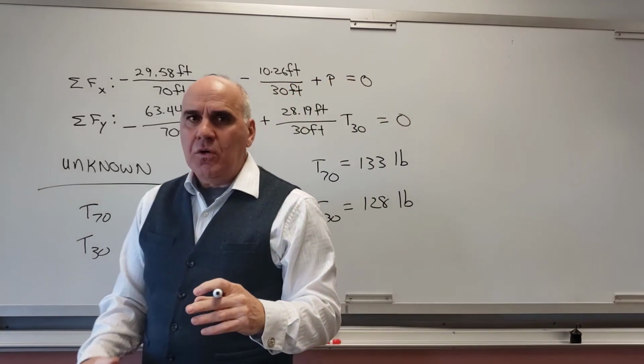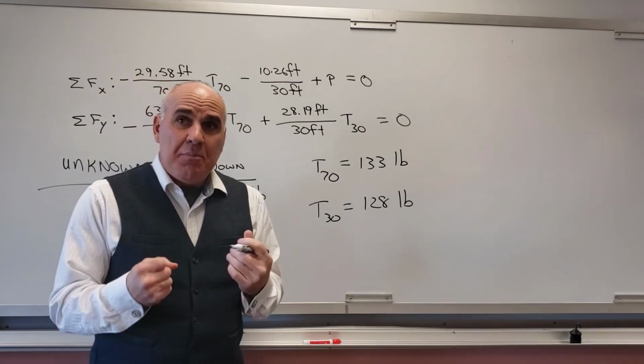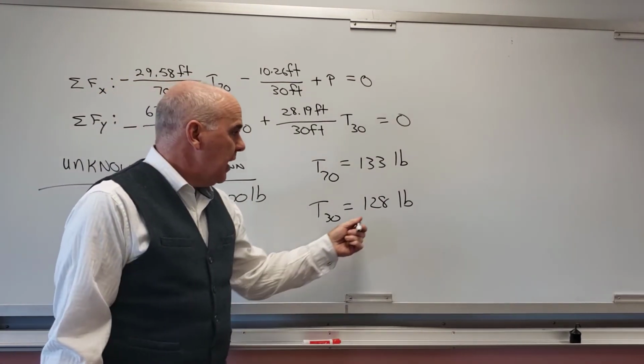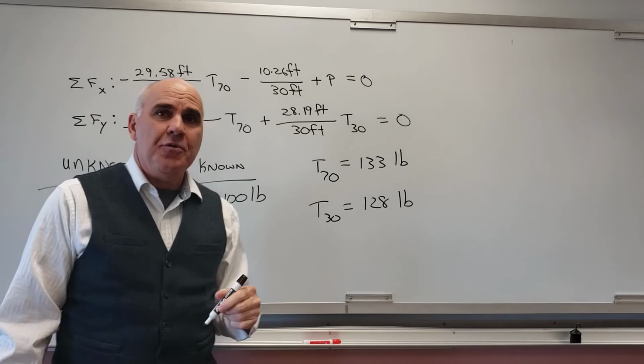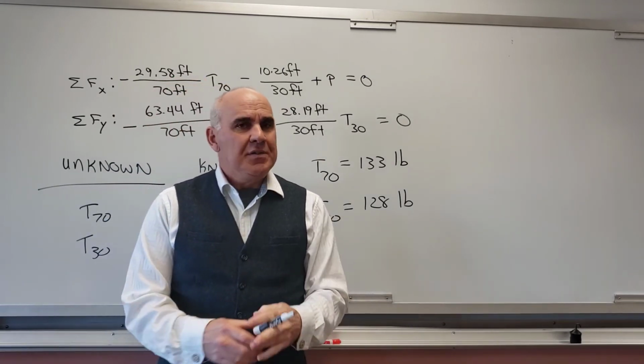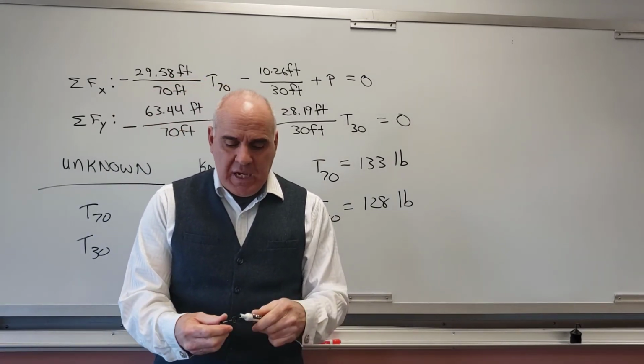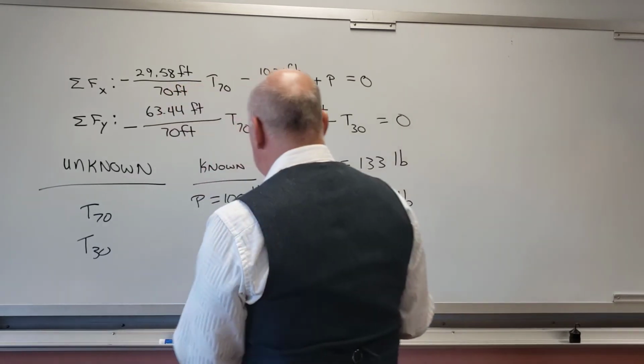And so you can see that even though I'm pulling with a force of 100 pounds, I'm pulling on the car with a little bit more force at 128 pounds. It's an interesting problem physically. I wouldn't set it up the way you see here.